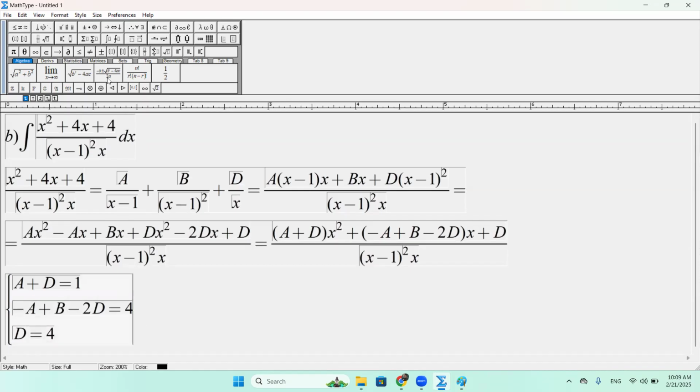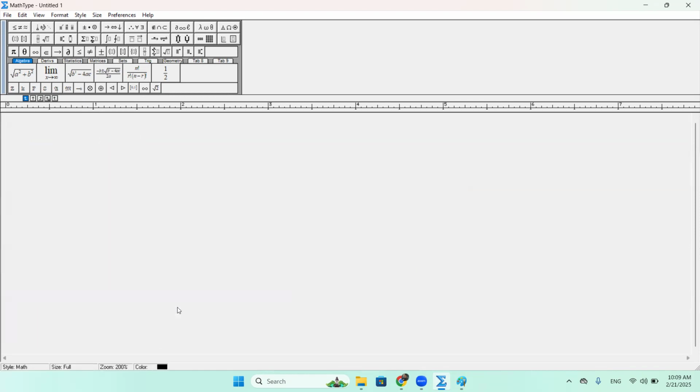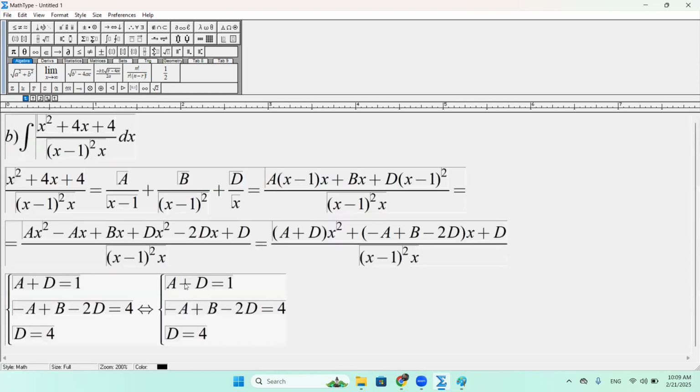So we can even solve this system fast. It's simpler than in the previous exercise. So a equals minus 3. And what about b? So what do we have? 3 plus b minus 8 equals 4. So b equals 9.